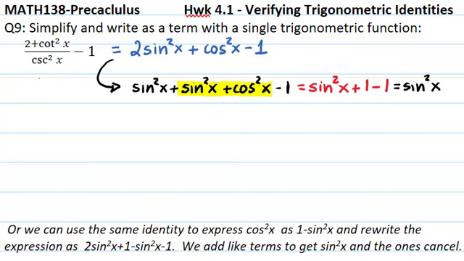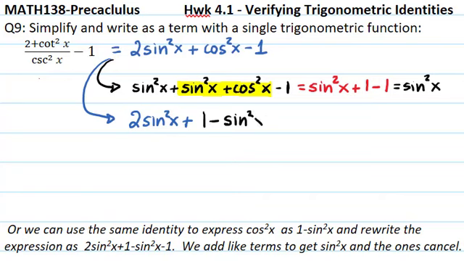Or we can use the same identity to express cosine squared of x as 1 minus sine squared of x. We will get 2 sine squared of x plus 1 minus sine squared of x minus 1. We will add like terms. This will give us sine squared of x, and the ones will cancel.